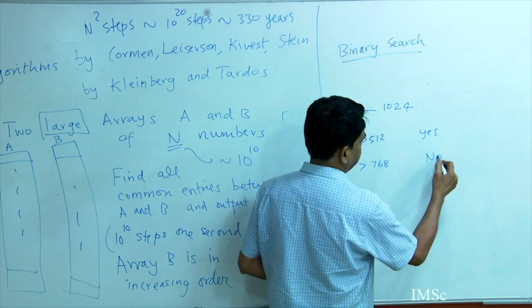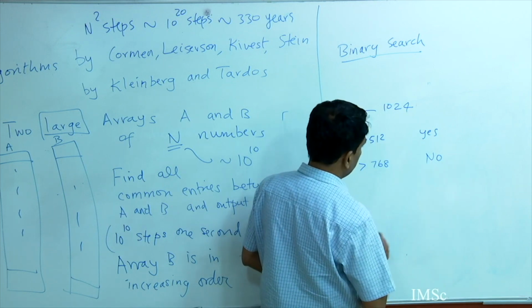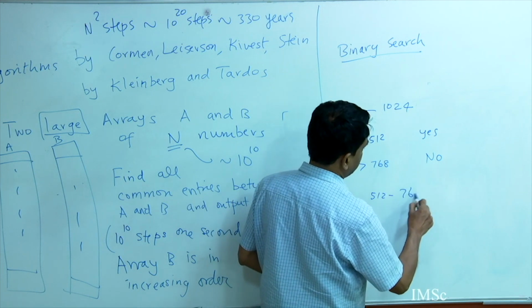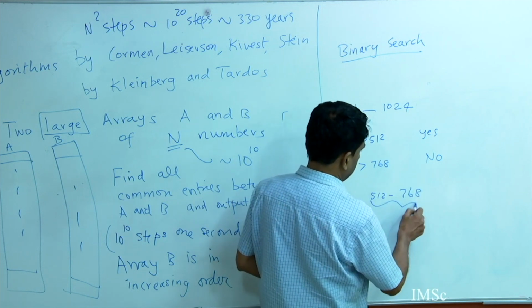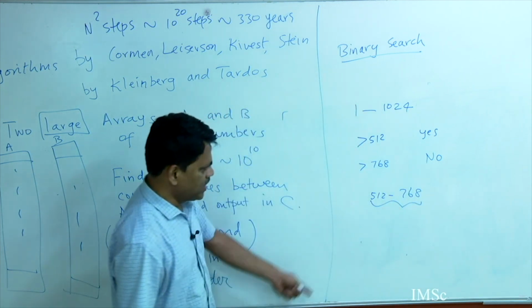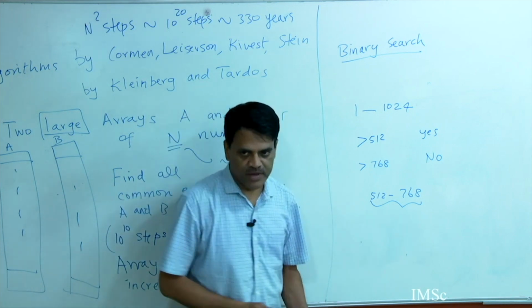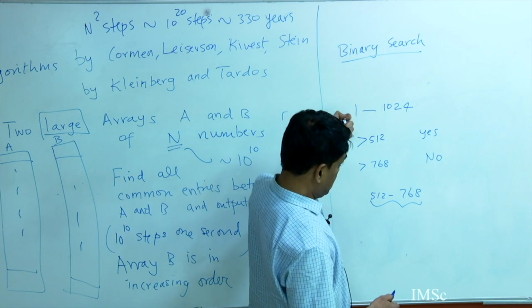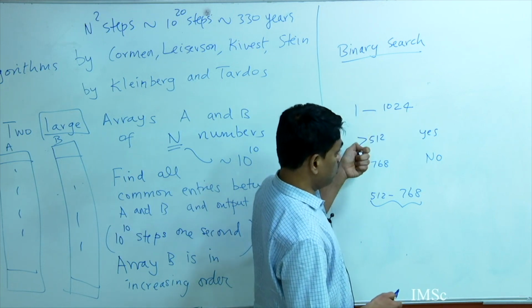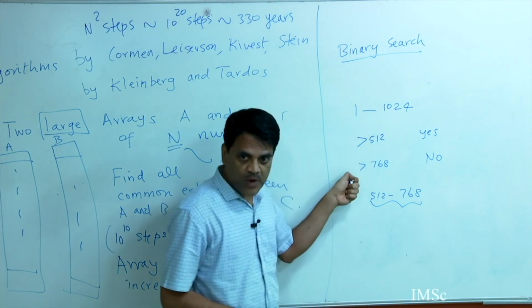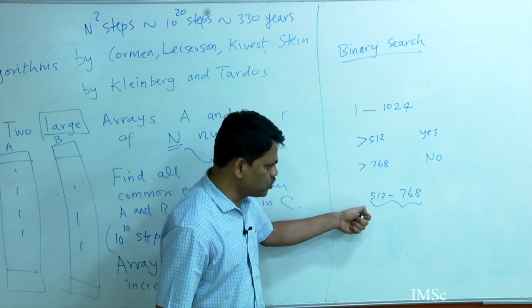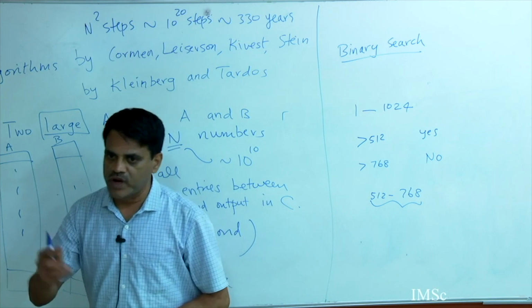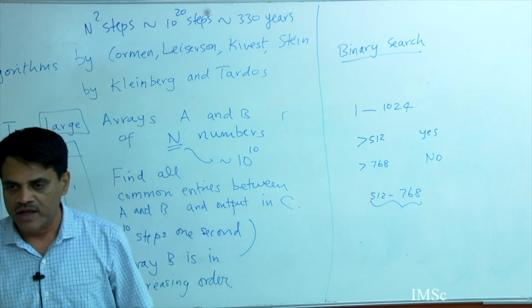I say no. Then you know that the number is in the range 512 to 768, right? The key thing is that there are only 256 numbers here. So in one question, you've reduced the range from 1024 to 512. In another question, you can reduce the range to 256. In another question, if you do the same game, you will reduce the range to 128.